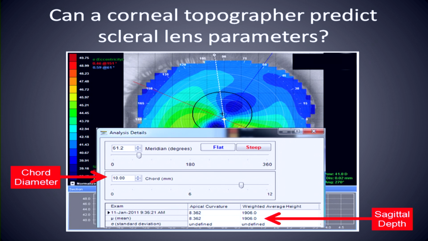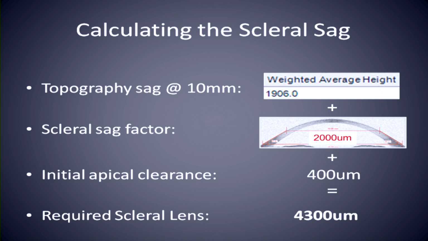Then we go into the Medmont, we set the chord at 10 mils, measure the corneal sag, 1906 microns. We punch it into our formula. We take our corneal sag plus the 2,000 microns for that scleral sag depth, plus the amount of fluid we want between the back surface of the lens and the cornea, and that tells us the sagittal depth of lens that we start with.